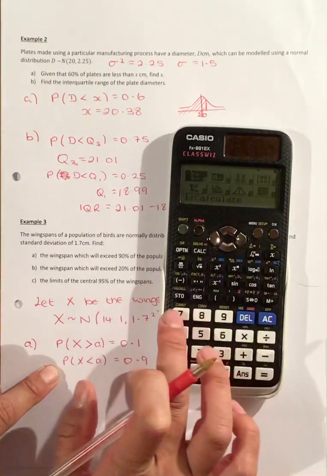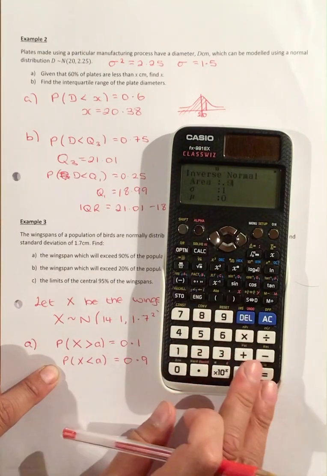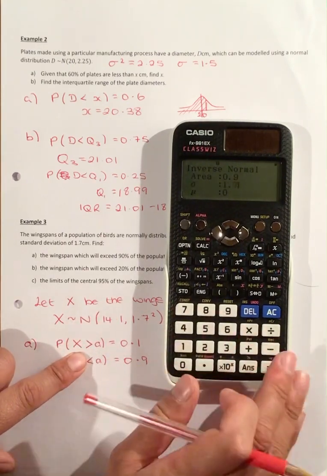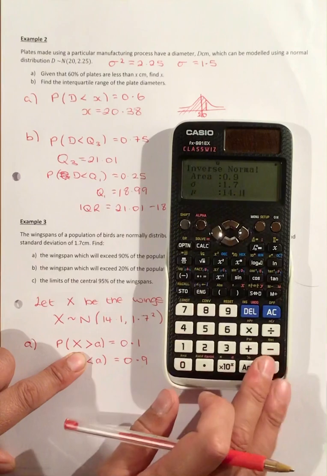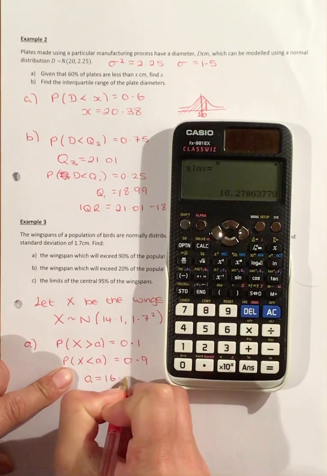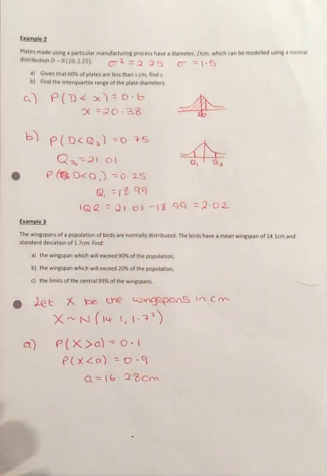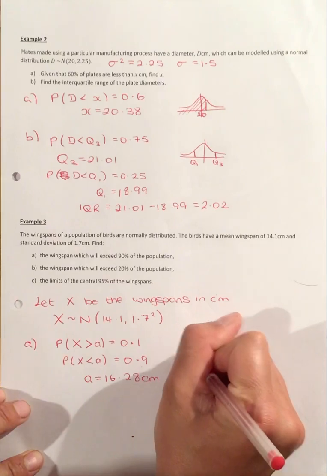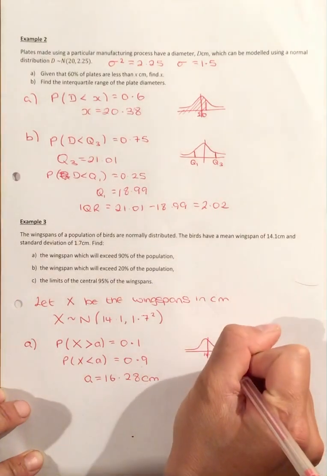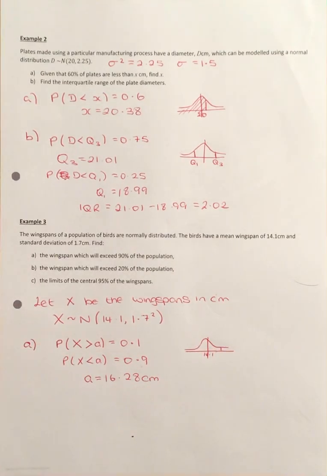So back into our distribution function, inverse normal, area 0.9, standard deviation 1.7, mean 14.1, and that gives us our value of 16.28 centimetres. Let's check this makes sense. Our mean is 14.1, so we're looking for something bigger than that to give us a probability of 0.9.